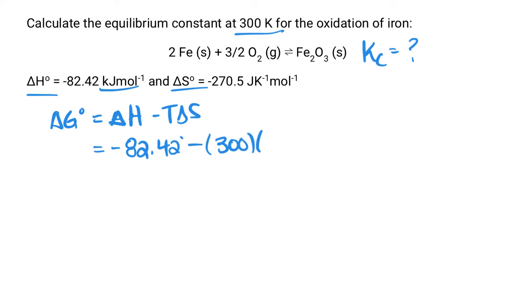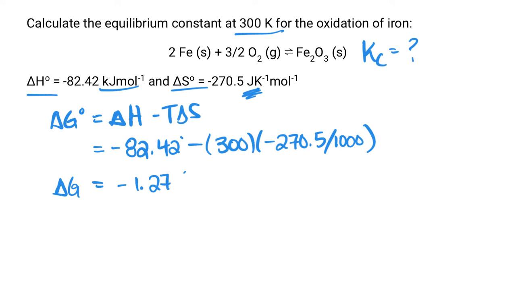And then our delta S is in joules. So negative 270.5, and we have to divide that value by 1,000 to get that in kilojoules as well. So if we do this calculation, I get negative 1.27 kilojoules per mole.